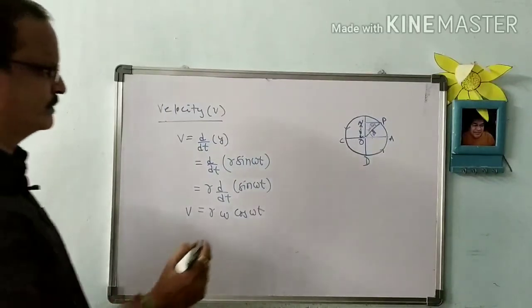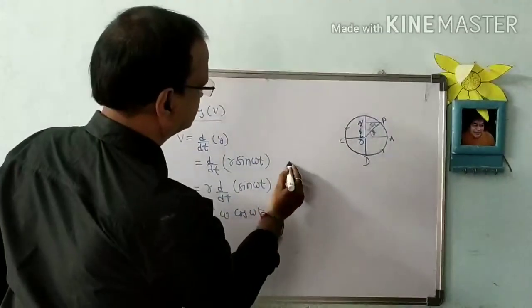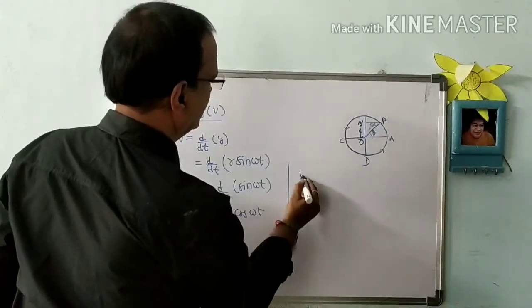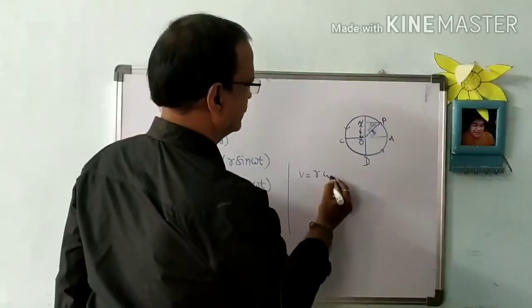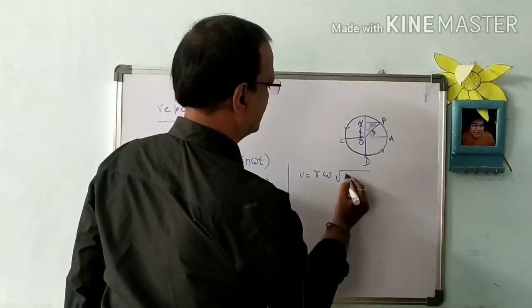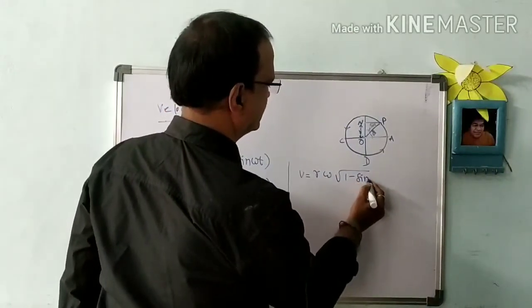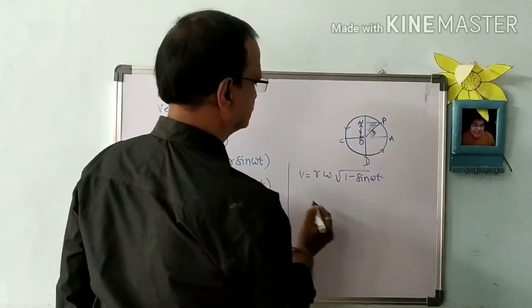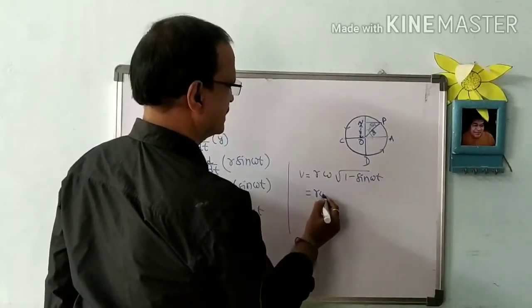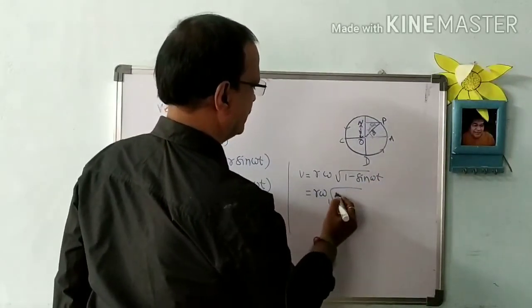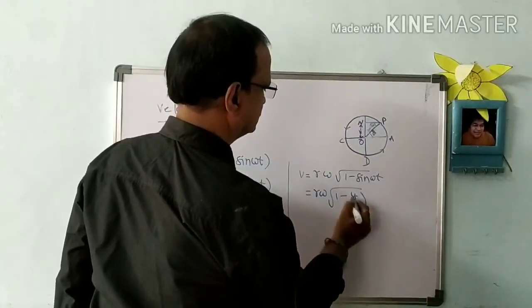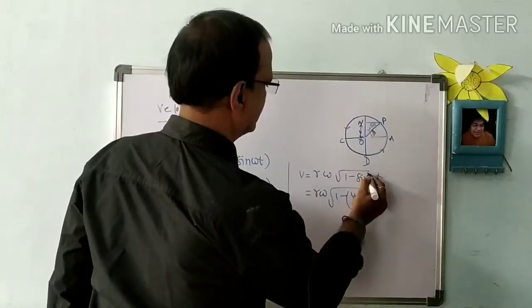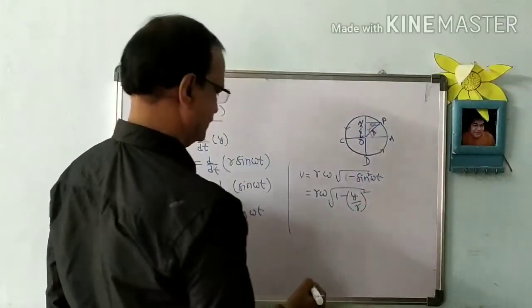So now we know that v is equal to A into omega into cos omega t, which is nothing but root of 1 minus sin square omega t. Or we can write it as A omega into root of 1 minus (y by A) whole square. Okay.